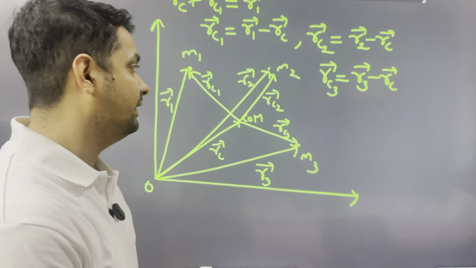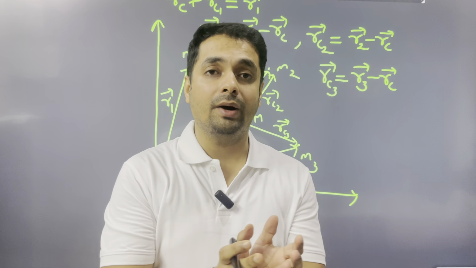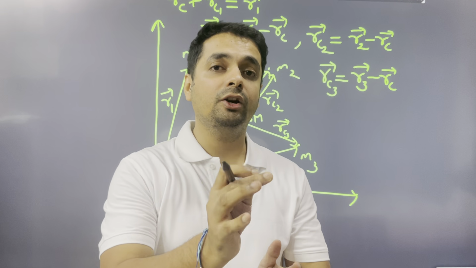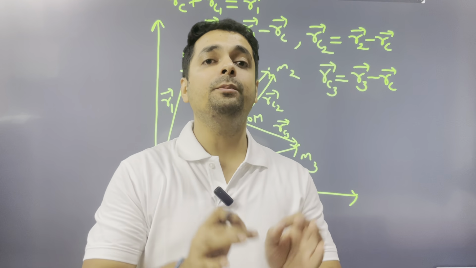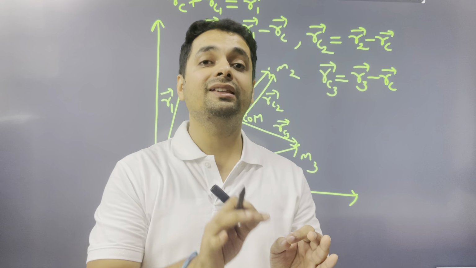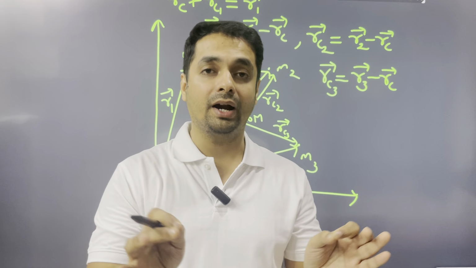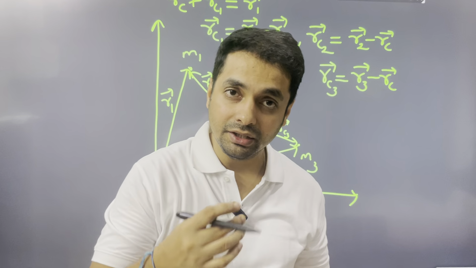Now, what will I do? Here one concept is here. If in a system of particles you consider the center of mass as a reference and you find the different particles' mass moments with respect to the center of mass, then the sum of the mass moments of all the particles equals 0. Did you understand? I will repeat it again.